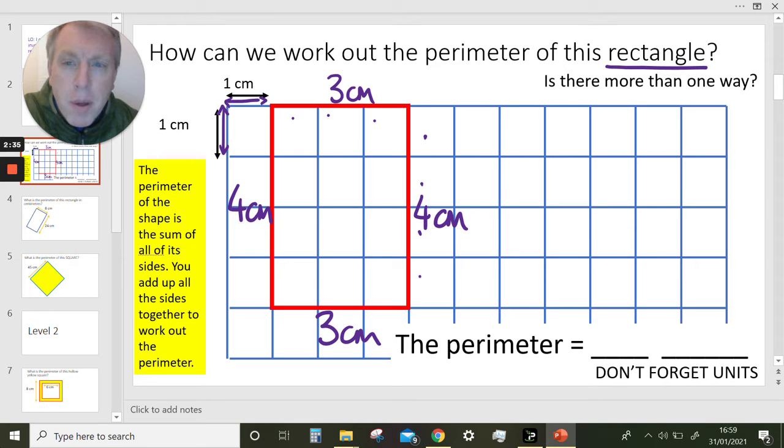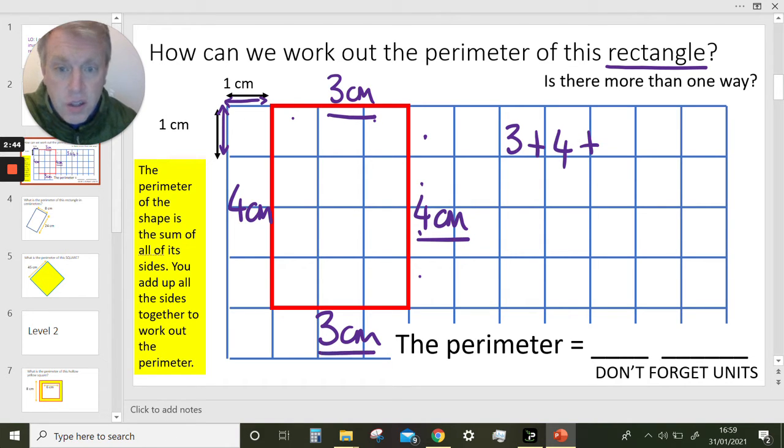And I remember that we said before we could do 3, add 4, add 3, add 4, or even easier, let's notice that for a rectangle we have 2 pairs of the same number. 3 add 4, and then another 3 add 4.